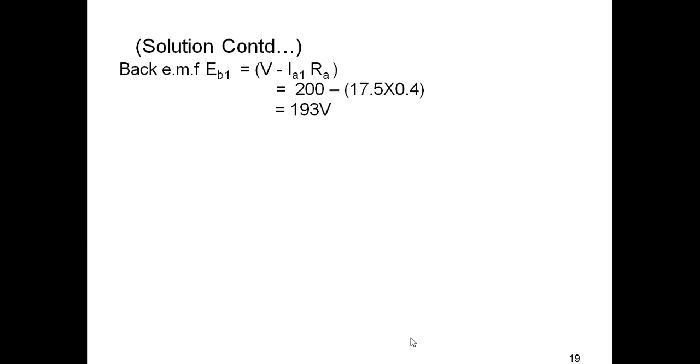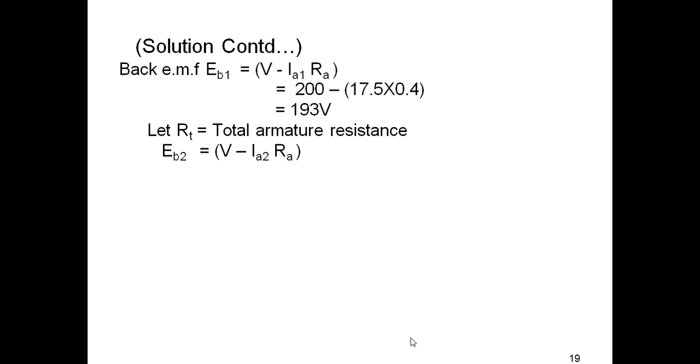We get the answer as 193 volts, and let RT is the total armature resistance, we write EB2 is equal to V minus IA2 RT. On substituting the other values which we have already known, we get 200 minus 17.5 into RT.